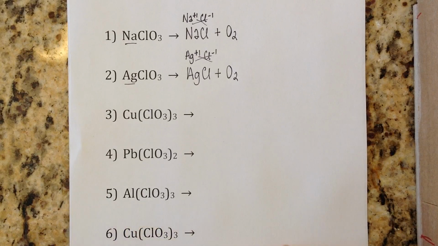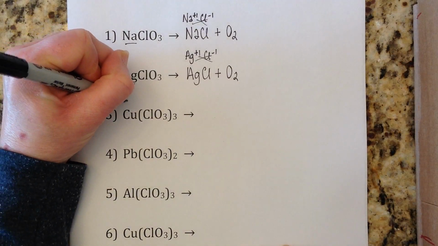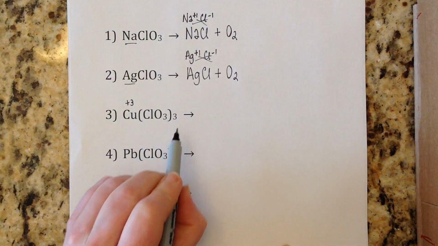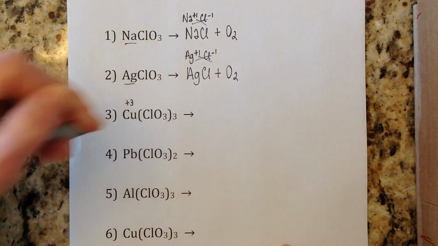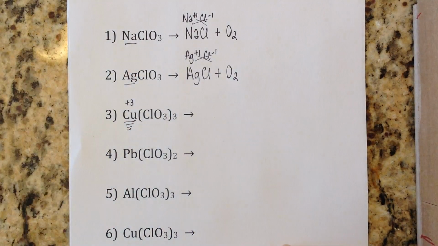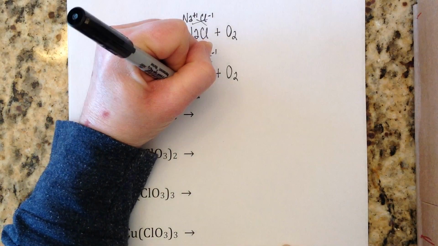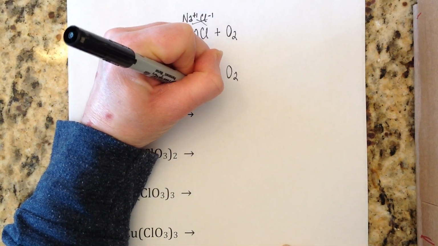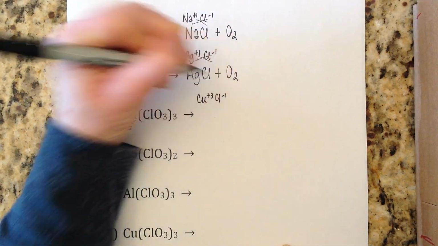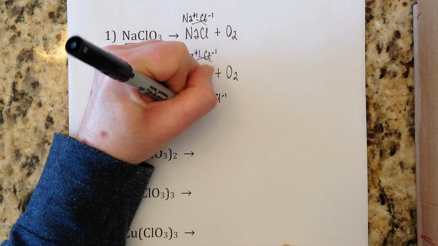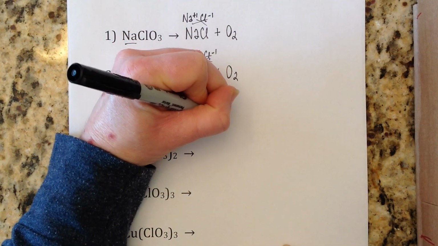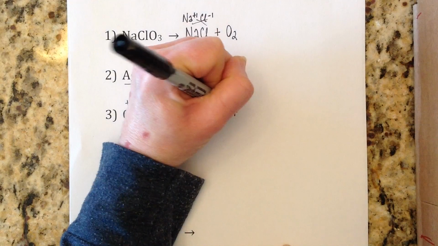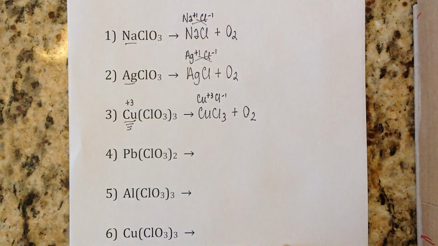Number 3, copper 3 chlorate. I know this is copper 3 because this 3 had to have come from up here. So this was one of those transition metals that we have to pay close attention to. So I'm going to crisscross that copper 3 with chloride, which has a -1. That is CuCl3 plus O2.